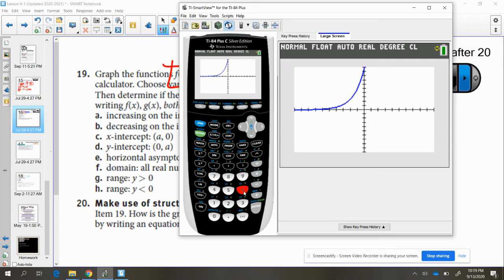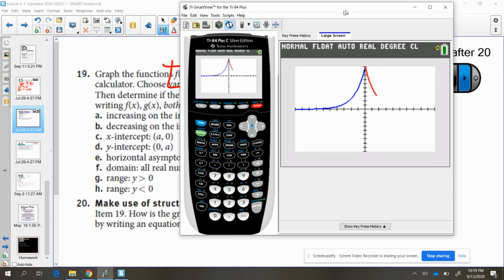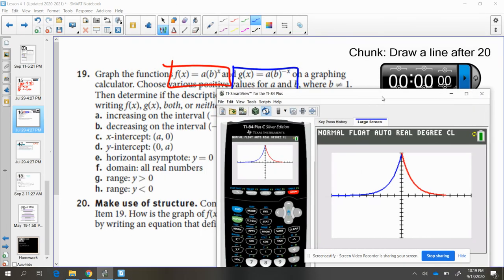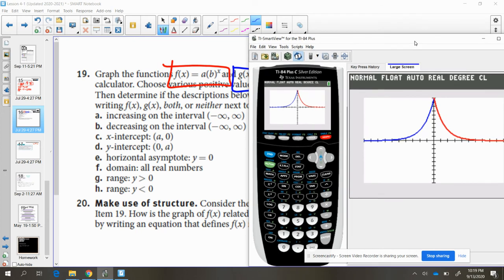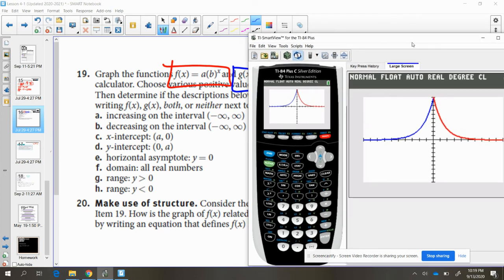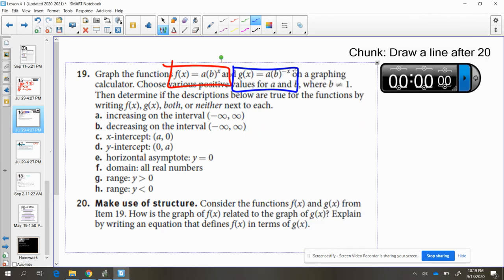And as we look here, what's the difference between these two graphs? Which one is increasing from negative infinity to positive infinity? Well, our a times b to the x graph is the first one.